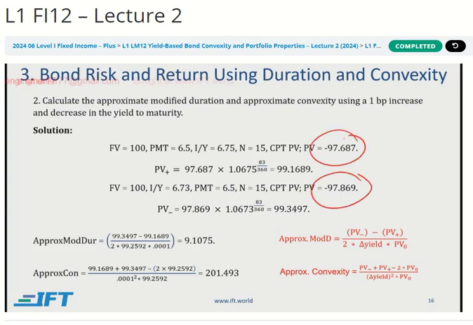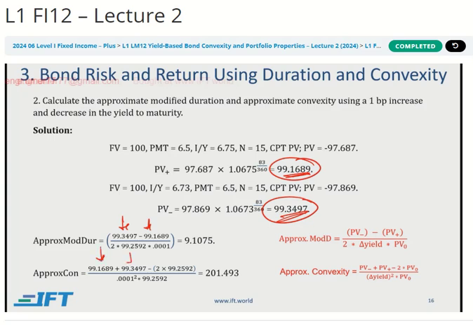Then what you do is you calculate your PV minus and your PV plus, and then you take that and plug it into these formulas and calculate your approximate modified duration, with your PV plus and your PV minus after loading them up with the interest. You use those to calculate your approximate mod D and approximate convexity.